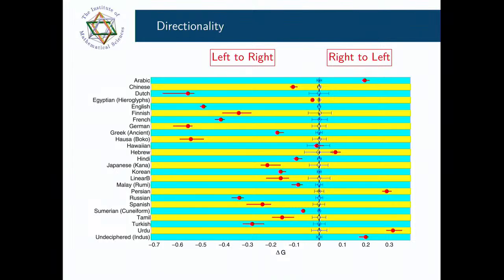So once you have this map, you can put any unknown writing system on it and you can get the direction. And where is Indus? Indus is right to left, without any ambiguity.